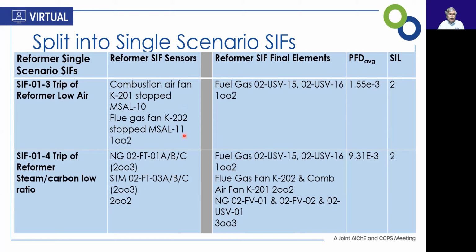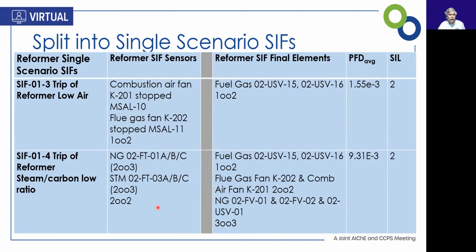Another sensor is the flue gas fan stopped. So these are the two motive sources for combustion air. And if we don't have combustion air, we need to turn off the fuel, and we have the two fuel gas shutdown valves.